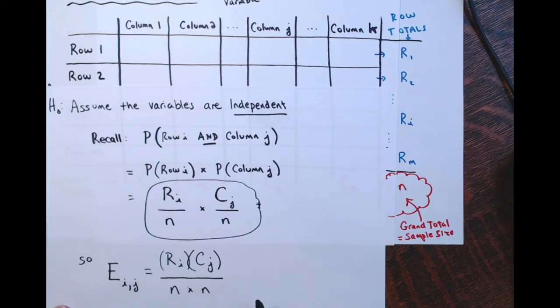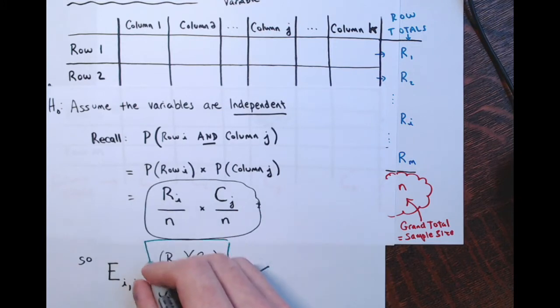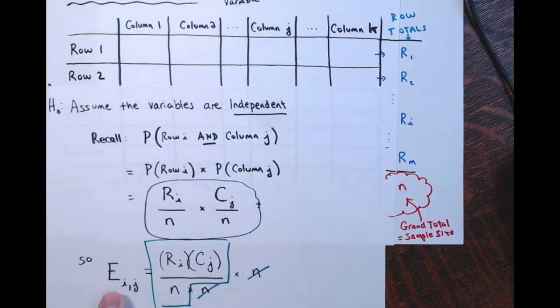I'm writing it this way for a reason. We'd expect this percentage of our n people. And then you see the n's canceling here, and this gives us the formula they gave us. The expected number of people in a certain cell in our contingency table is the row total times the column total divided by the whole sample size.